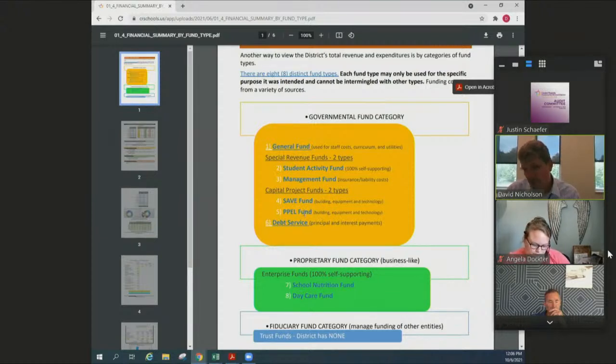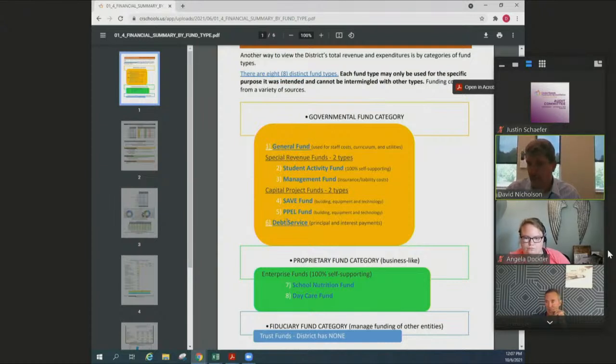They're pretty interchangeable for the most part, but we have identified some things to go out of SAVE, and one of the big things we're using the SAVE fund for is our elementary master facility plan, building new elementary schools is basically how we're using our SAVE funds moving forward. And we do still have technology and those types of things coming out of it. Debt service is the fund that we use to pay all of our principal and interest payments.